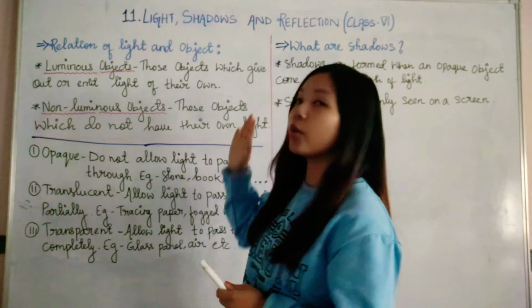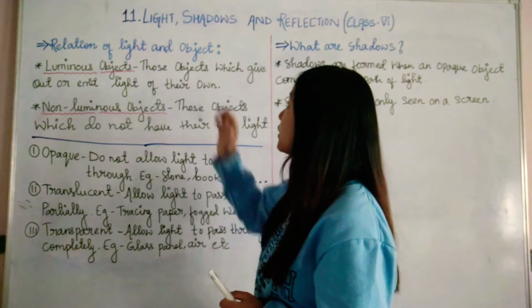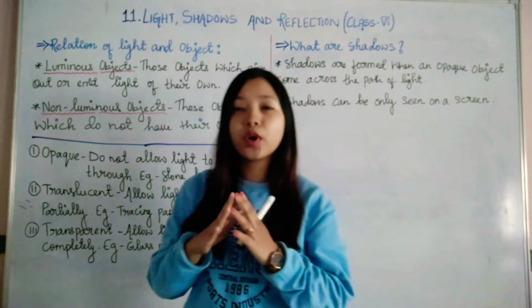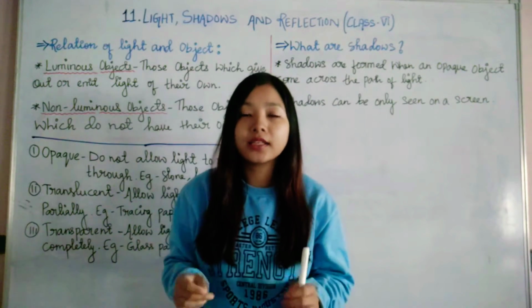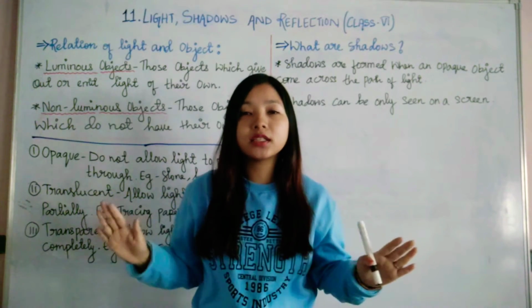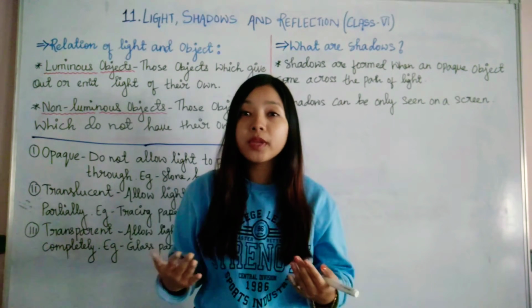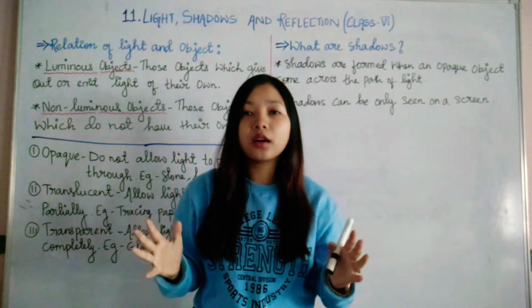First, before going into the chapter, the first thing you should know is the relation of light and objects. We know that whatever we see is only because of light. If light is absent from anywhere, we will not be able to see. Try to enter a completely dark room.